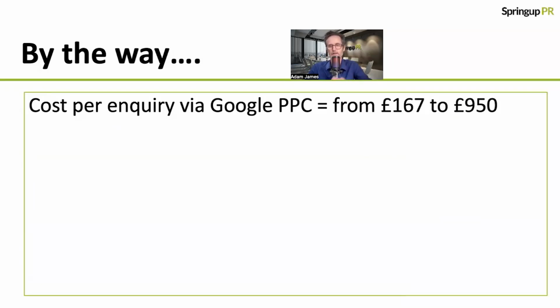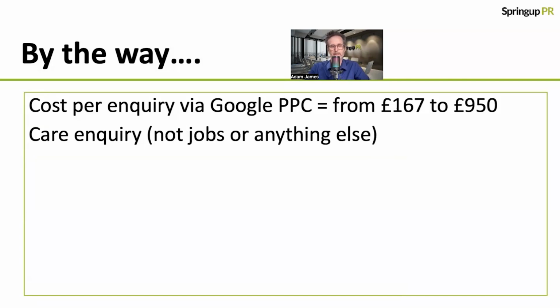You're running Google Ads to get inquiries from people who are looking around for a care home in their catchment area. And these numbers, 167 to 950, are for a care inquiry. It's not jobs or anything else. How do you know that? Because you are doing tracking properly. And you must be doing that.